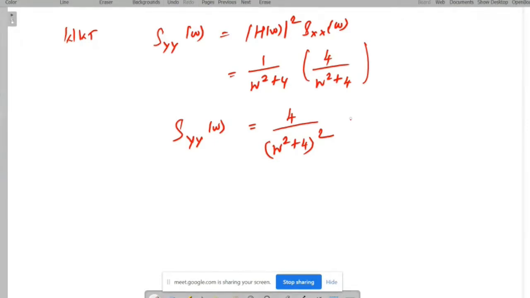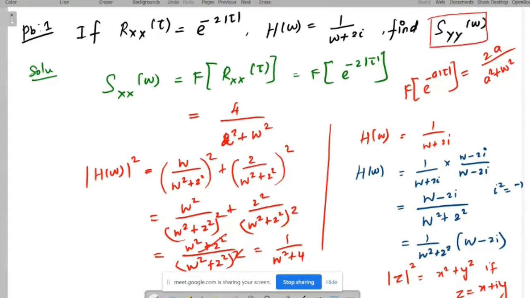Suppose in this problem, if they ask for the autocorrelation of output, that means R_xx of tau or R_yy of tau they are asking. So in this case, directly it's not possible. Instead of this value they are asking R_yy of tau, it's not possible to find this value by using these two conditions, right?